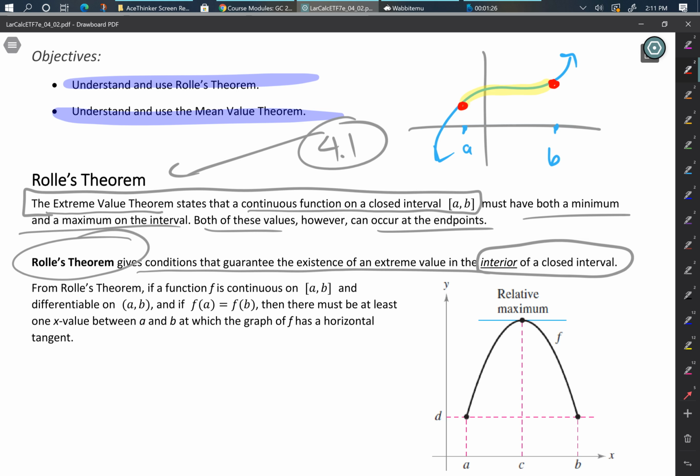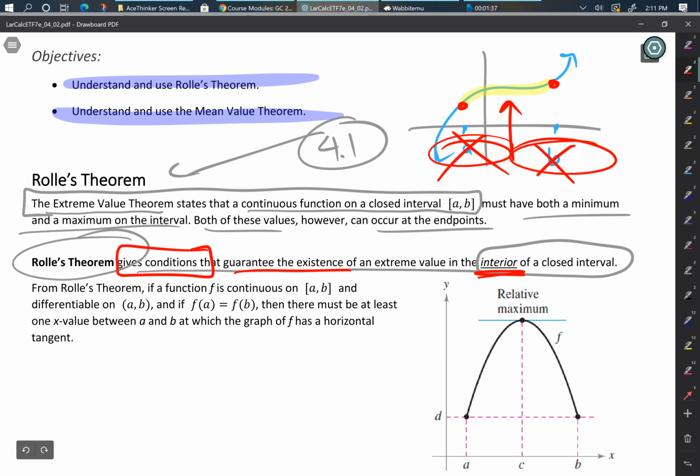What Rolle's theorem does is give us the conditions that are necessary to guarantee that that extreme value happens not at one of the endpoints, but somewhere in the middle. And when I say middle, I don't mean a plus b divided by 2. I mean somewhere between a and b, in the interior of the closed interval.